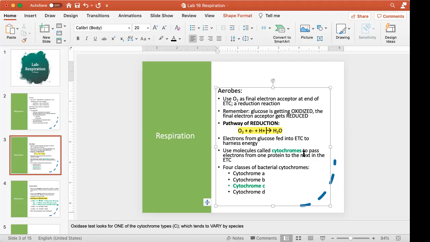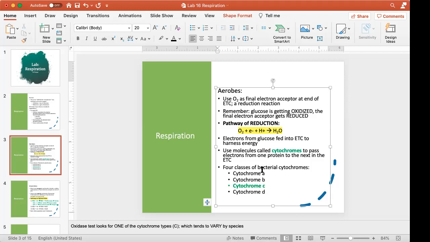So the first complex hands the electrons off to the cytochrome, which delivers them to the second protein complex. Then the second protein complex hands them to cytochrome, and cytochrome hands them to the third one, and so on. Ubiquinone does this work, and cytochrome does this work. It turns out that in bacteria, there are 4 classes of this type of molecule called a cytochrome.